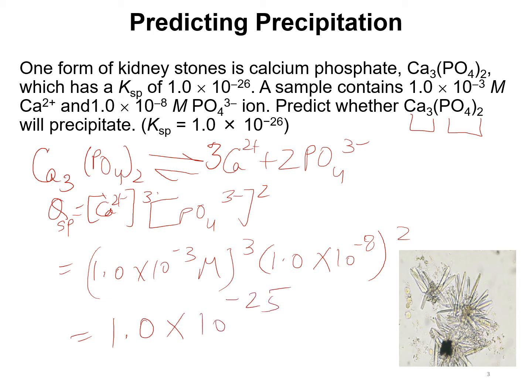Now based on this, we can clearly see that our value of QSP is greater than the value of KSP. So QSP here is greater than KSP since our KSP value is this. So based on this, if the value is higher, we can say that this is going to create precipitate of calcium phosphate.